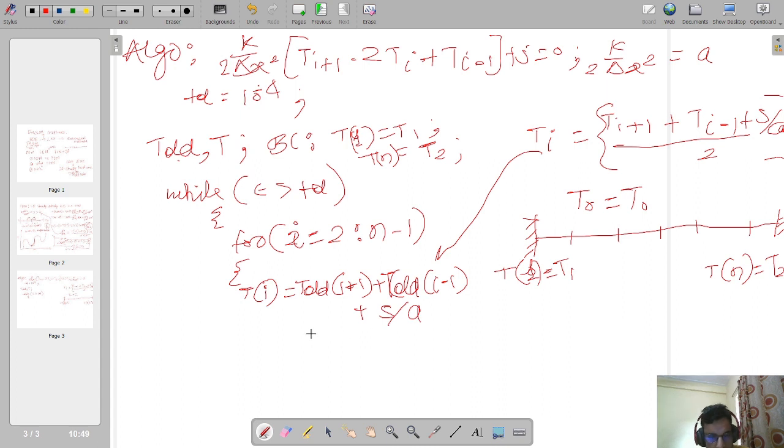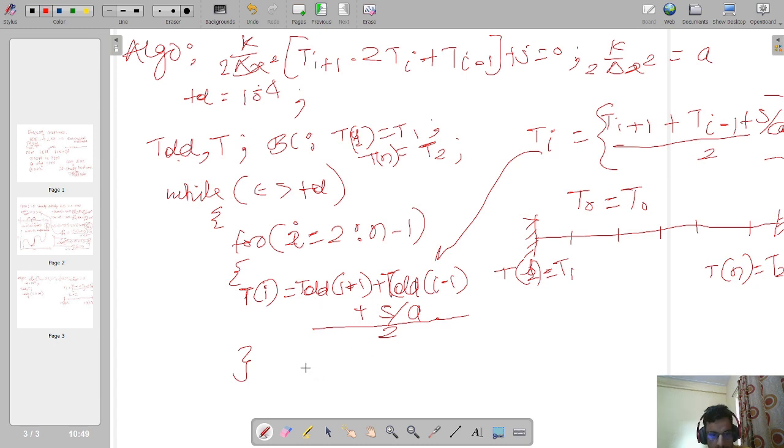We are also considering the heat generation here as constant, although you can use a variable one. So what we are doing here is calculating the current temperature of the present iteration, let's say 100, with the help of the temperature from the previous iteration, that is T old, that is the 99th iteration, let's say.